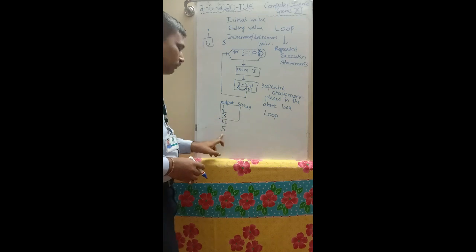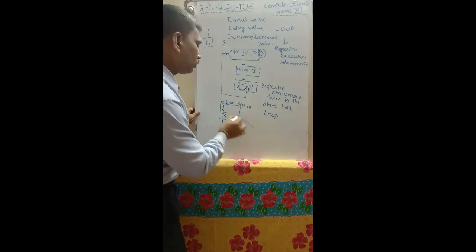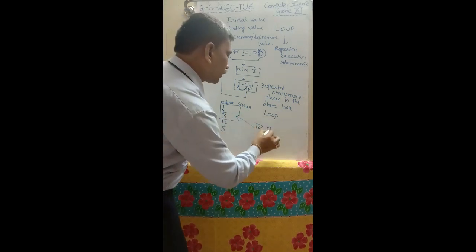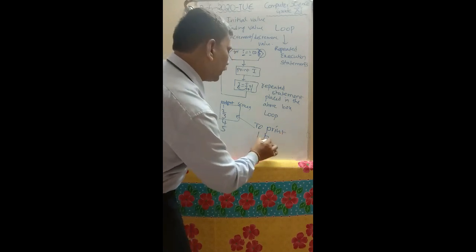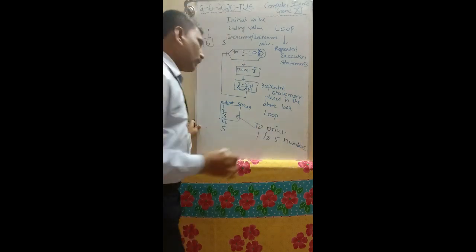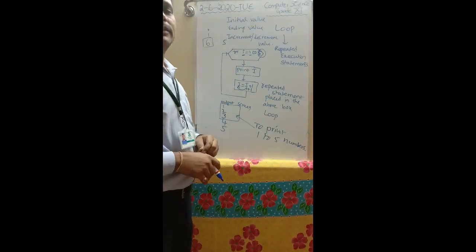This is a program to display 1 to 5 numbers. This output is related to printing the first 5 natural numbers, 1 to 5. In this way, we write algorithms.